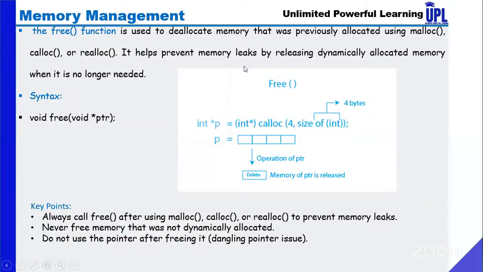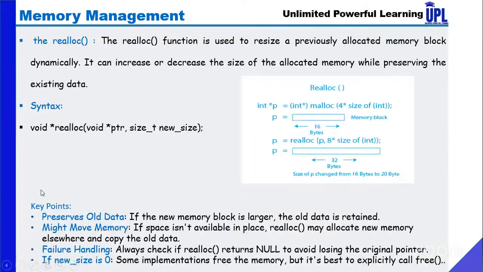It prevents memory leaks by releasing dynamically allocated memory when it is no longer needed. Whenever it is no longer needed, just go and free that pointer, so that memory can be used for some other usage.